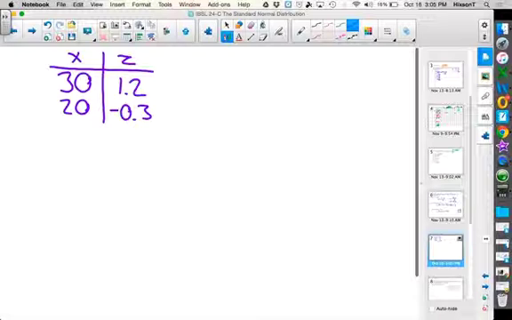Okay? That actually would be enough information for us to figure out both the mean and the standard deviation. And in fact, if I remember correctly, it was either on last year's IB exam or the year before. They had a problem almost exactly like this. Obviously the numbers are different, but how do you think we could solve this though?